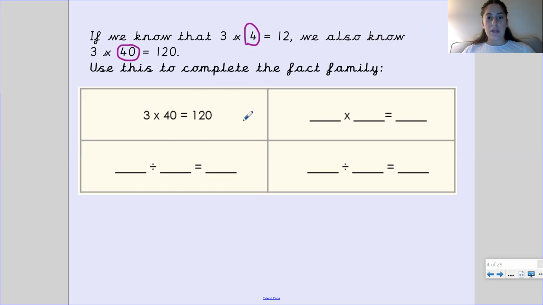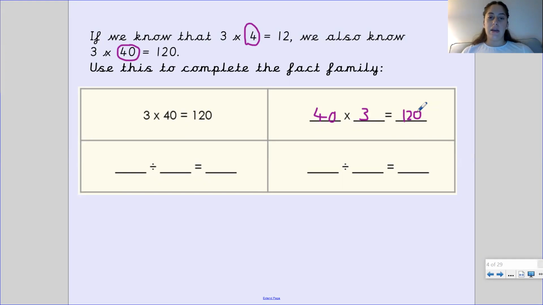So we can use that to help us write another multiplication number sentence using these numbers. So if 3 times 40 equals 120, using the commutativity law, 40 times 3 also equals 120, because if we swap the numbers around, the answer will not change.